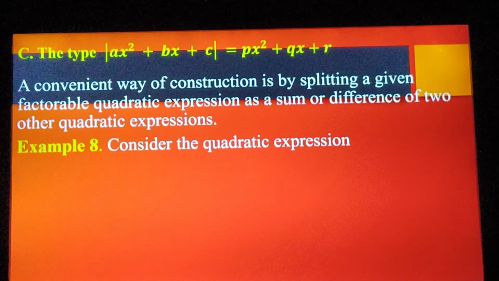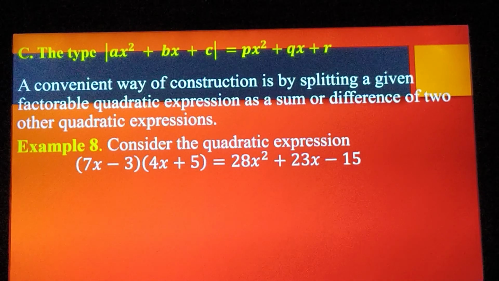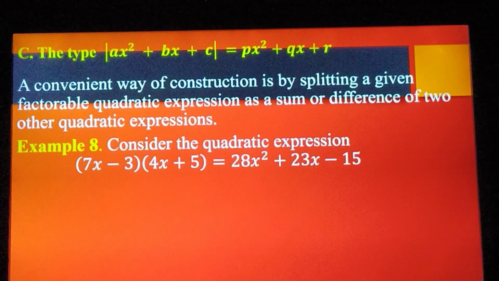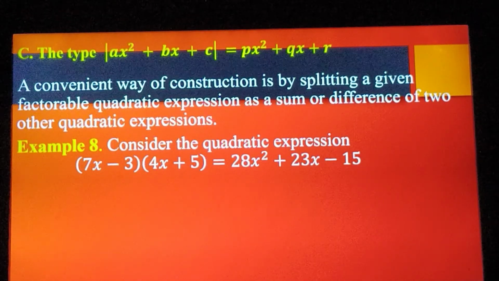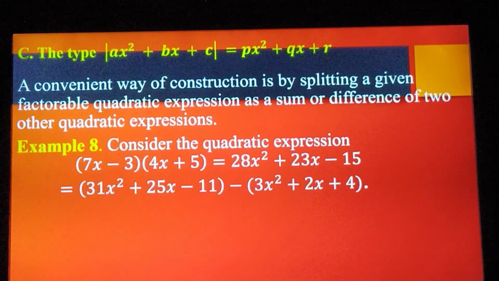Example number 8, consider the quadratic expression 28x squared plus 23x minus 15, which is the product of 7x minus 3 and 4x plus 5. So it's a factorable quadratic expression. And then we write this as a difference of two other quadratic expressions. In this case, the quadratic expression 31x squared plus 25x minus 11 and 3x squared plus 2x plus 4.